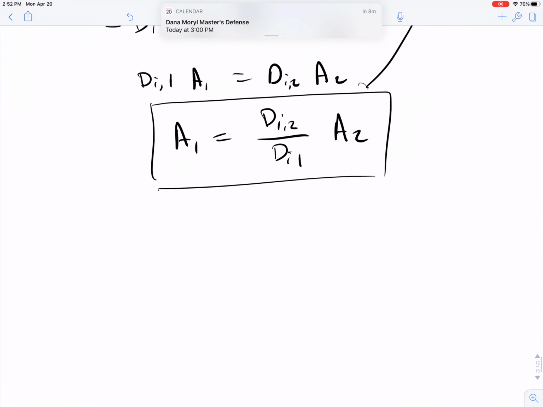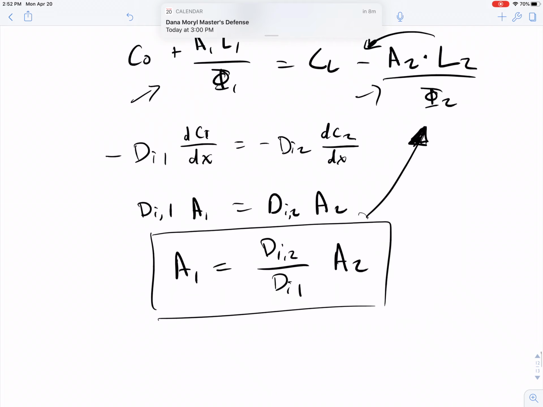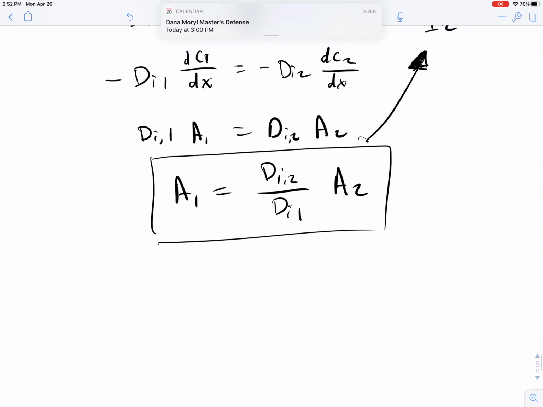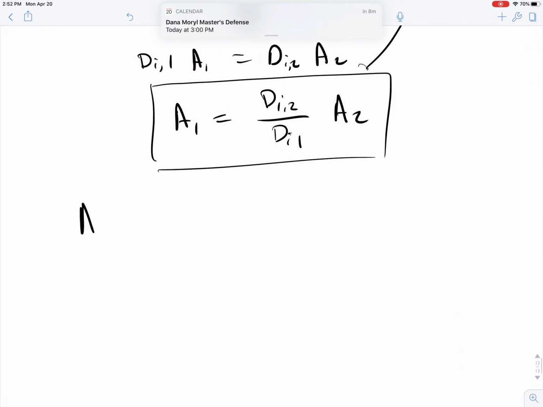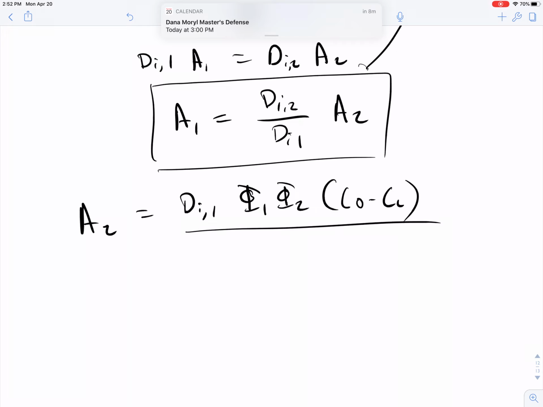So take this equation and substitute it directly into that equation, and you'll find that A2 now equals Di1 phi1 phi2 times (C0 minus CL) divided by L2 Di1 phi1 plus L1 Di2 phi2.